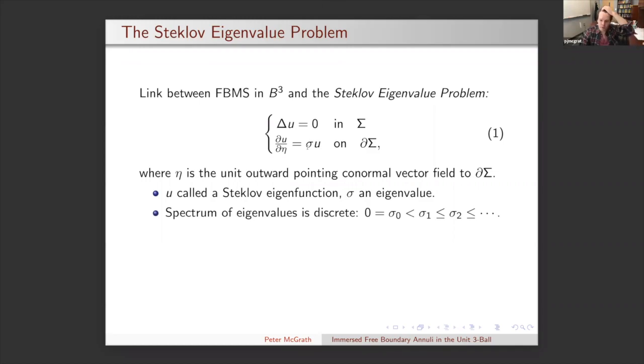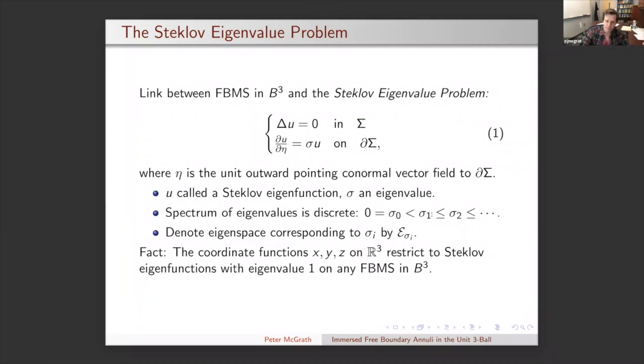And there's a discrete spectrum, so 0 is the smallest eigenvalue corresponding to the constant functions. And then you have the higher eigenvalues, and the first non-zero eigenvalue, sigma 1, is important for this talk. And the simplest connection between the general Steklov eigenvalue problem, which you can state intrinsically for surfaces, and actual free boundary minimal surfaces embedded or immersed in the ball, is that the ambient coordinate functions on Euclidean 3 space, restricted to your FBMS, are actually Steklov eigenfunctions with eigenvalue 1.